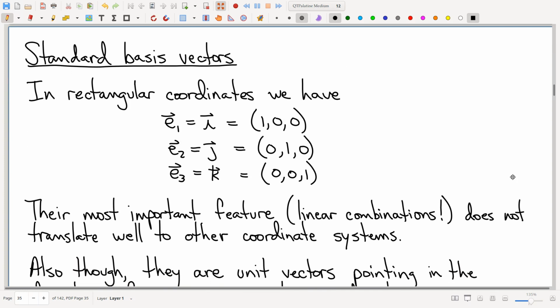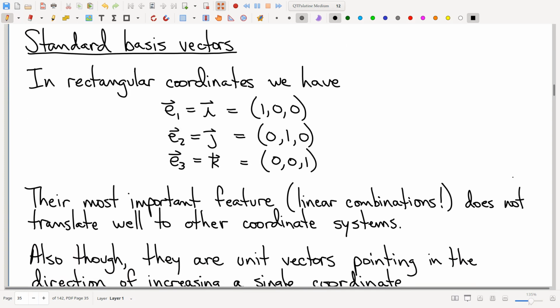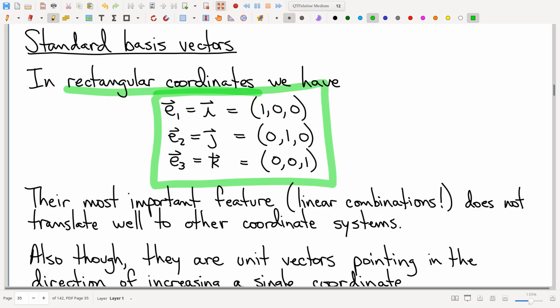Alrighty, moving along. So there's this thing called standard basis vectors. Again, big deal in linear algebra. Y'all know the rectangular standard basis vectors. Again, these figured heavily, I'm sure, in your Math 219 classes. i, j, k is a common choice if you know 100% for sure that you are and always will be in 3 dimensions.